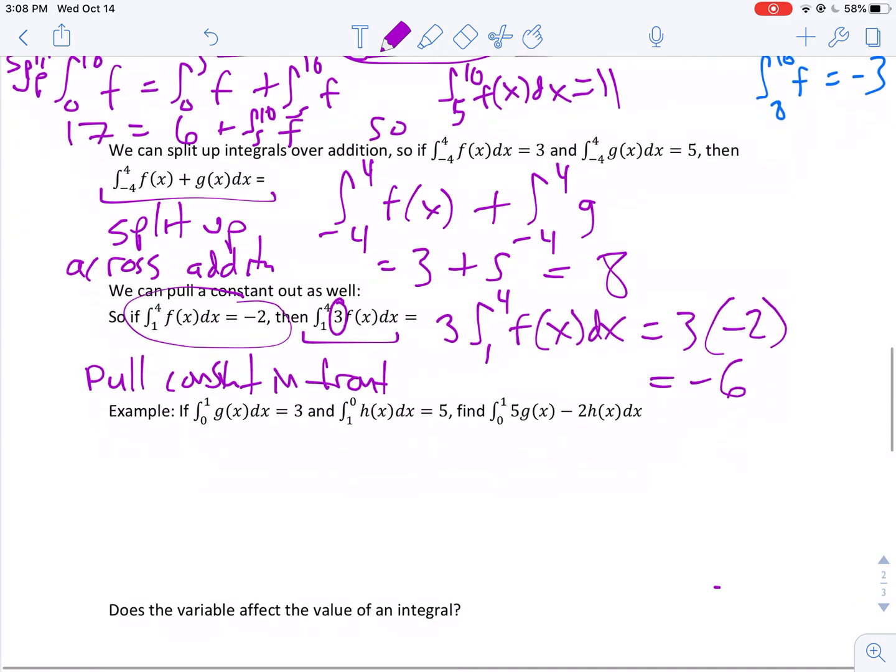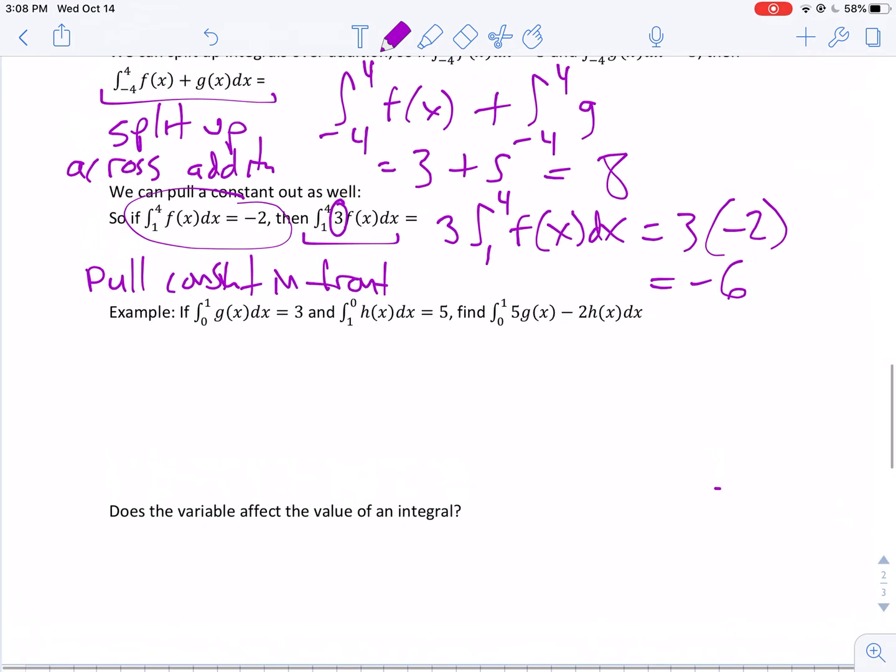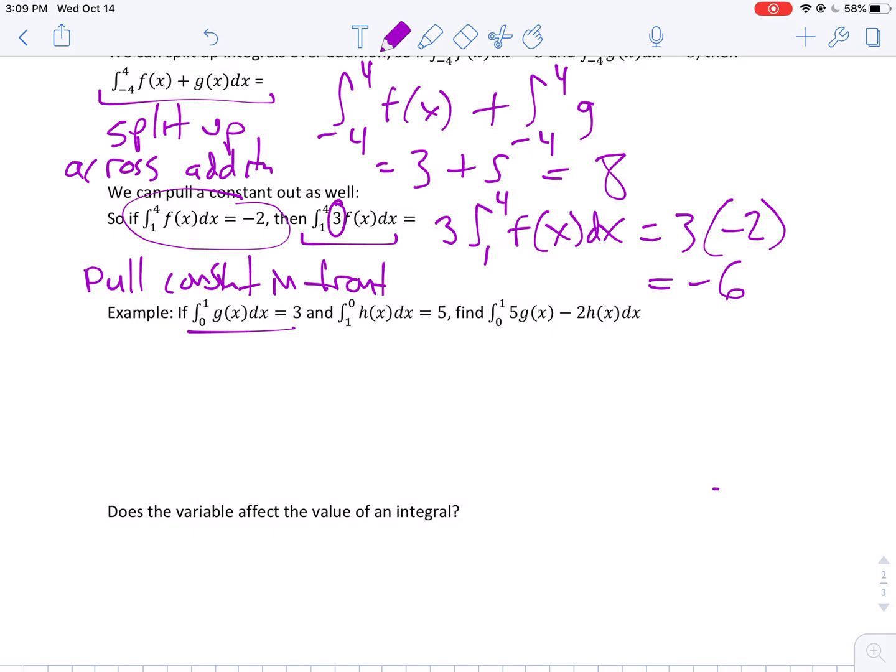Okay. So here's another example. If integral 0 to 1 of g is 3, integral 1 to 0 of h is 5, right away you might want to swap this and say, okay, that's backwards. That means integral 0 to 1 of h would equal negative 5. Then when you have something like 5g of x minus 2h of x, split it up.